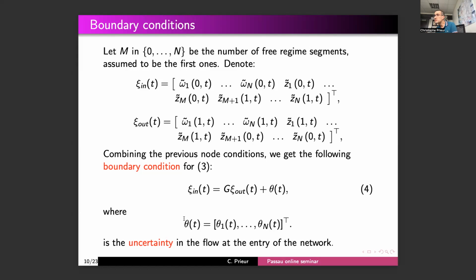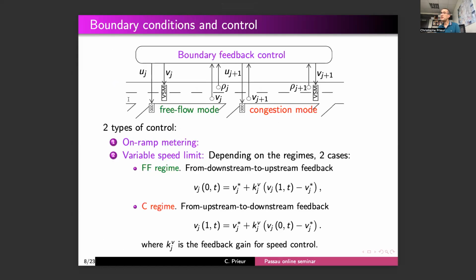And for positive velocities, I need to introduce the quantity of vehicles that appear at the beginning of the highway. If I come back to my picture here, it is just the beginning of my network of segments. It is the number of vehicles that go at the beginning of my freeway.